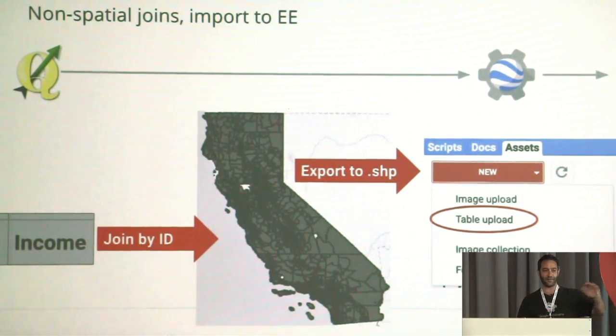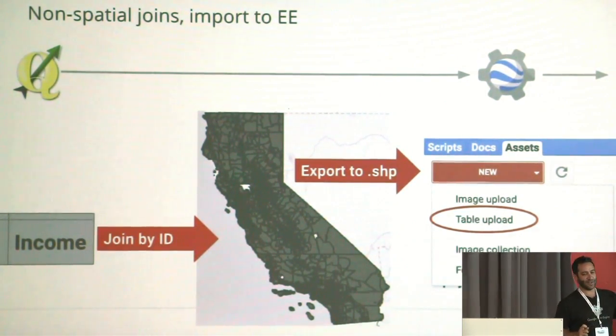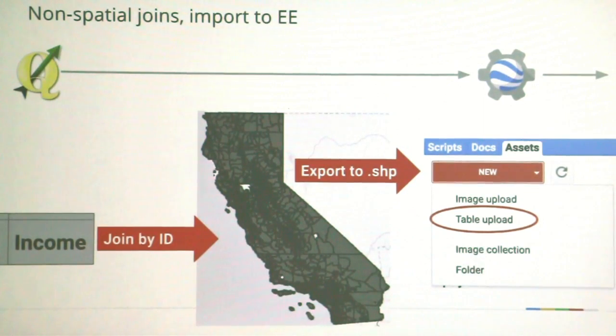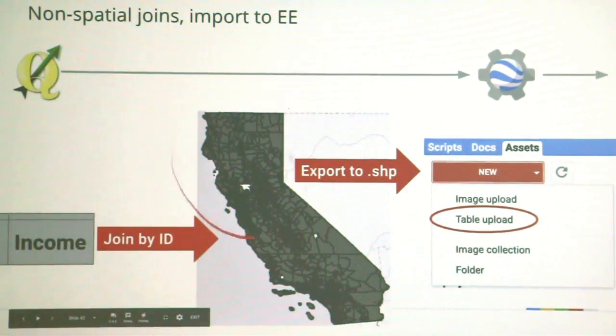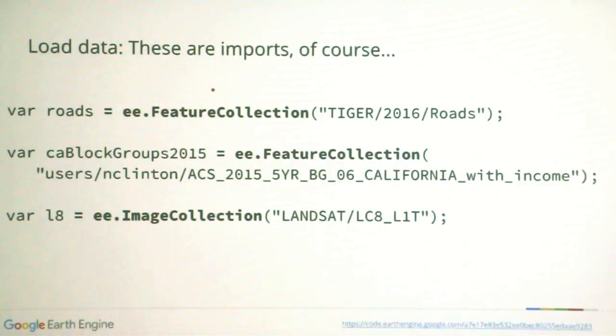So I did the non-spatial joining outside of Earth Engine, export the result to a shapefile, and import that shapefile to Earth Engine. And away we go. We have income data on all these shapes. Okay, so that's the income data.